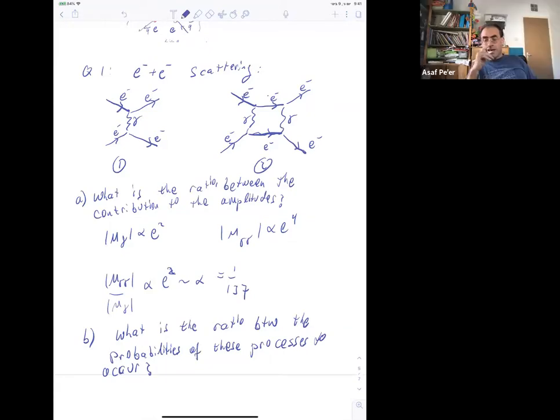If we look at the lab, we make an experiment. What's the probability that we encounter configuration number 2 rather than configuration number 1?